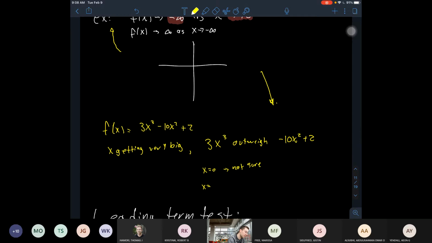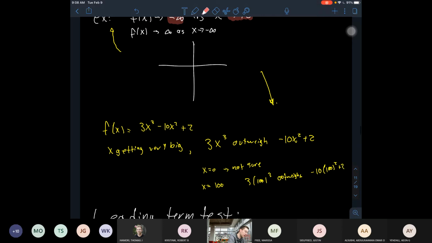But if x is something like 100, then 3x cubed will be 3 times 100 cubed. That's definitely going to be way, way bigger than, let me just say that it outweighs, negative 10 times 100 squared plus 2.